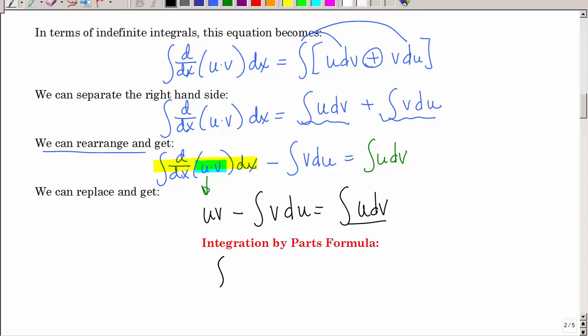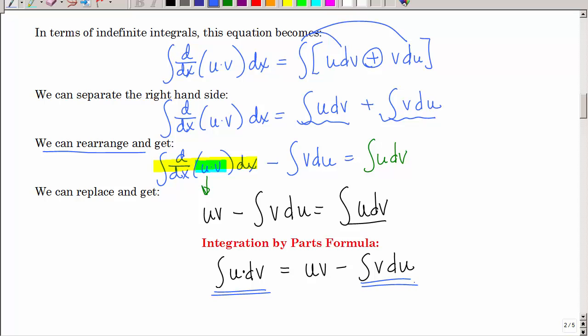I'm going to start here with the integral of u times dv, and listen to that, that's actually a product. The integral of u times dv is going to equal u times v minus the integral of v du. Now what's strange about this is that I'm going to be integrating something, and yet I'm going to get back an integral.